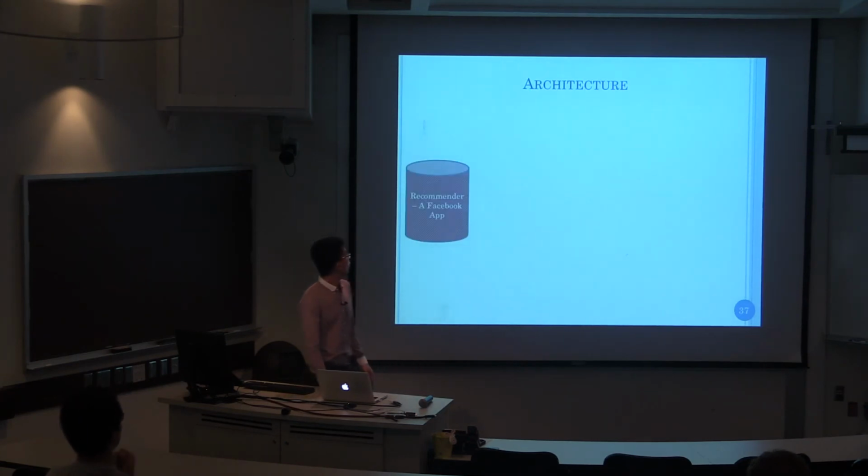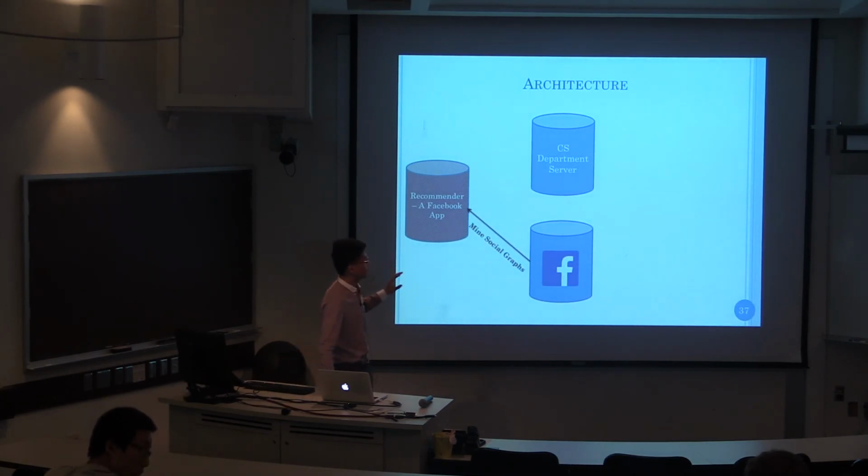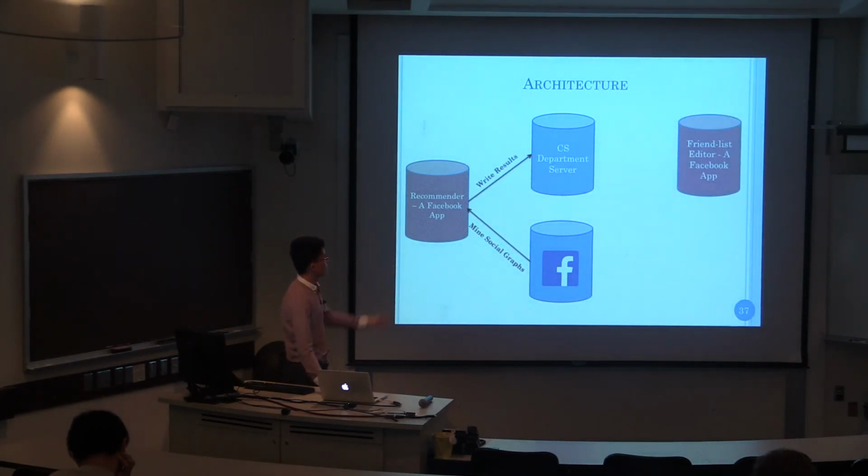Here's an overview of the architecture of my project. First of all, we have a recommendation engine. It's a Facebook app. It collects social graphs from the Facebook server, generates the recommendation result, and writes the result into our department server. The second component is the friend list editor.